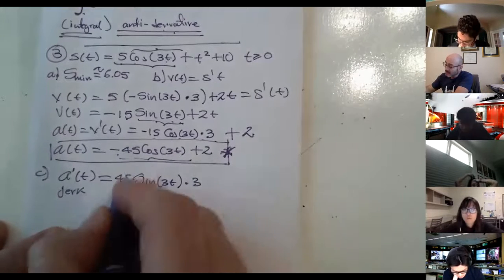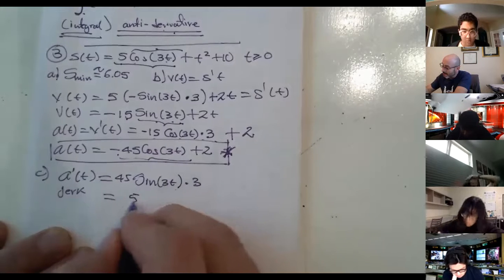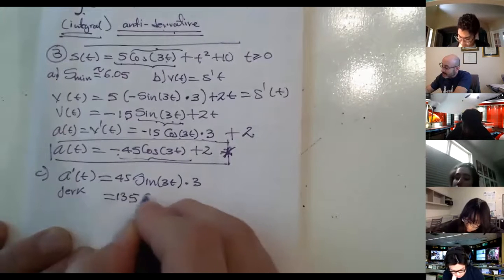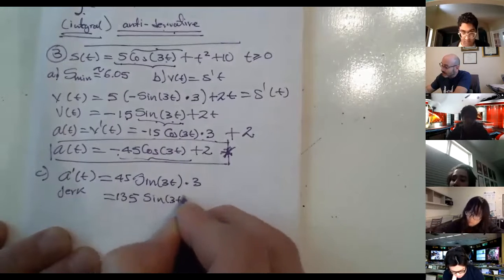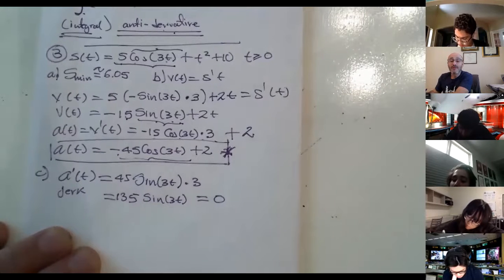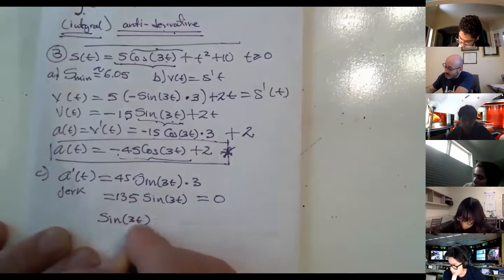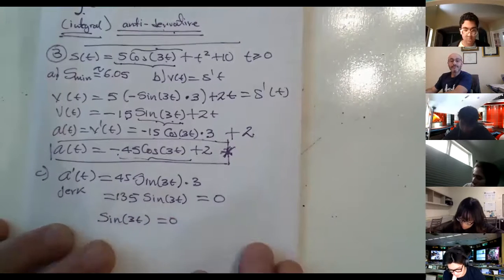So at the end, we get 135 sine of 3t. We need to make this equal to 0 because we need to find the critical numbers, which means that sine of 3t is equal to 0.